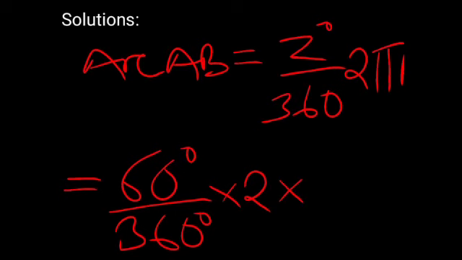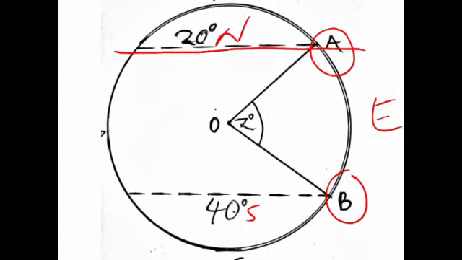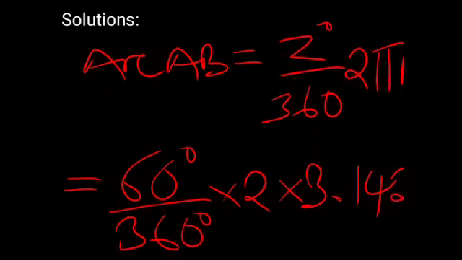Now let's look at this. We have been given pi as 3.142. So we're going to write 3.142 times. Now let's look at the radius of the earth.